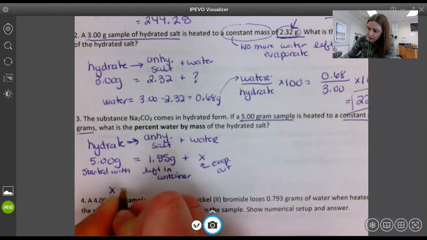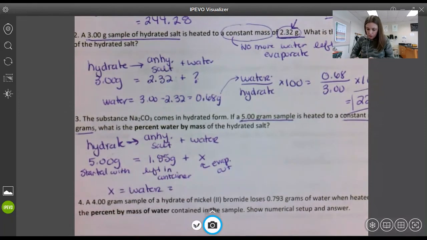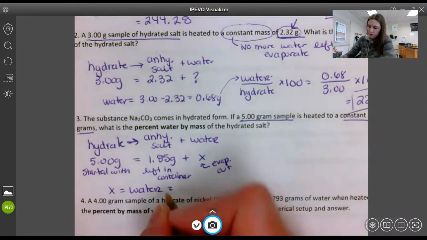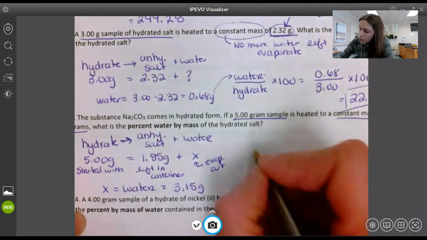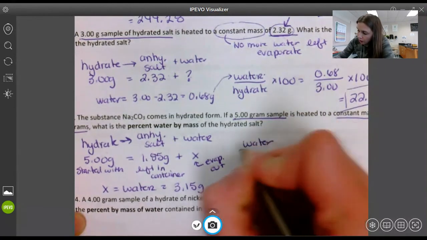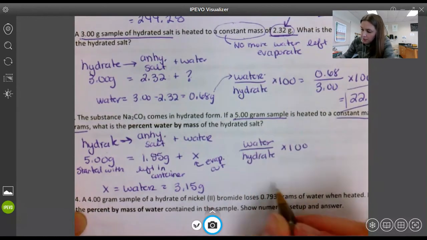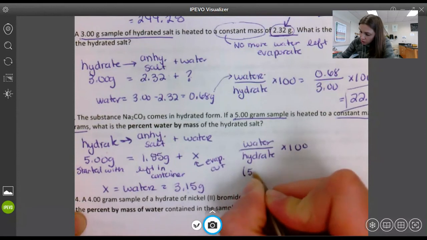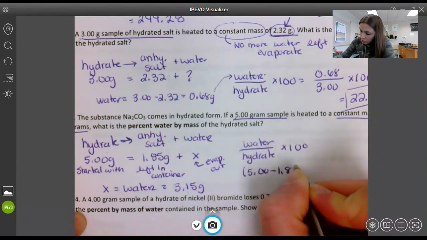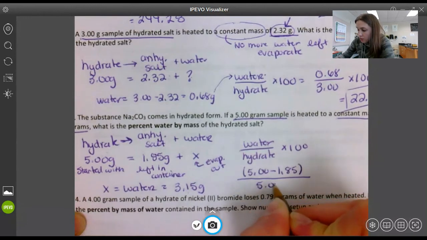So if I find X here, which is my water amount, I would simply just do 5 minus 1.85, which is 3.15 grams. So when I go to put this in for water over my hydrate times 100, I could plug in this 3.15. It's also acceptable up here to just write 5 minus the 1.85. You don't have to do it as a separate step over the original amount of 5.